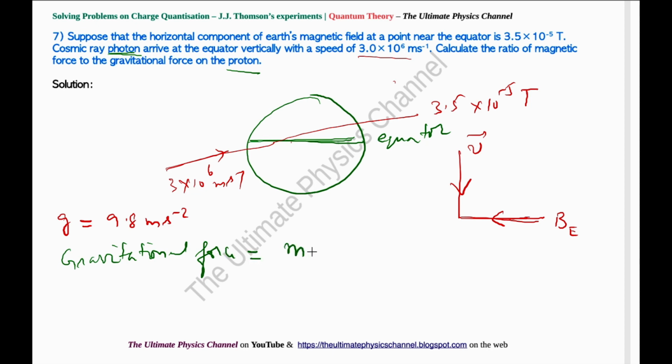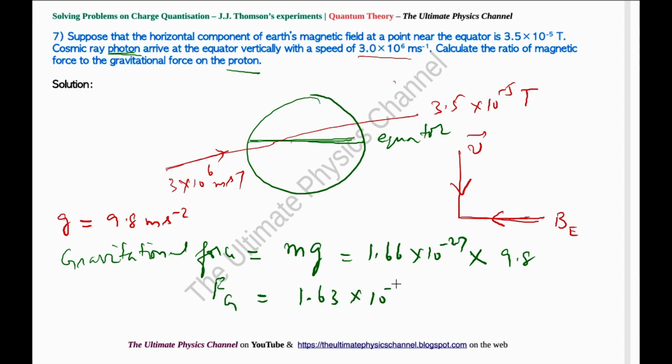That is the mass of the proton times the acceleration due to gravity, that is 1.66 times 10 power minus 27 kg times 9.8. Let me call that Fg. That is going to be equal to 1.63 times 10 power minus 26 newtons.